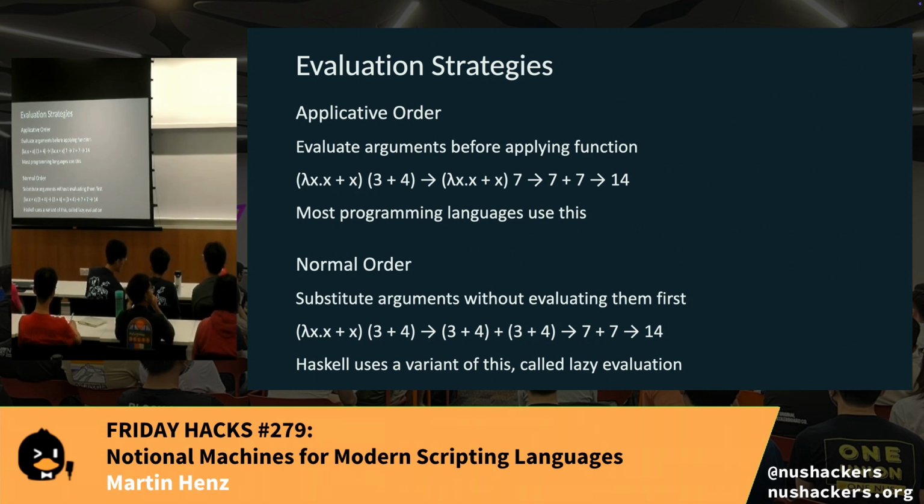Is the evaluation going to terminate? You saw this very simple loop, right? Are there strategies to evaluate a given expression so that you get a value at the end, an expression that cannot be further evaluated?